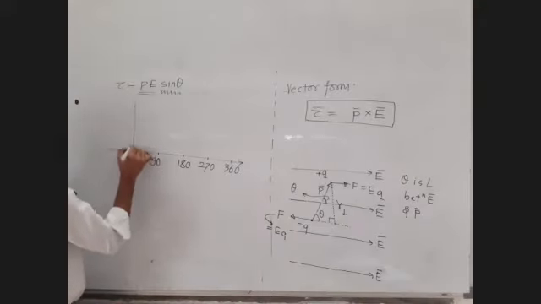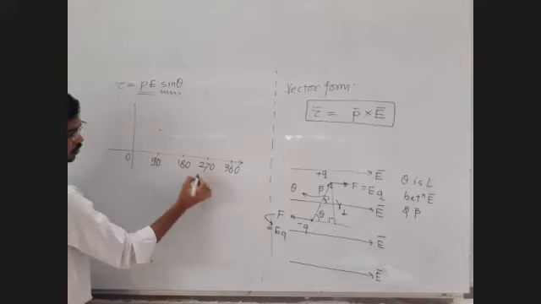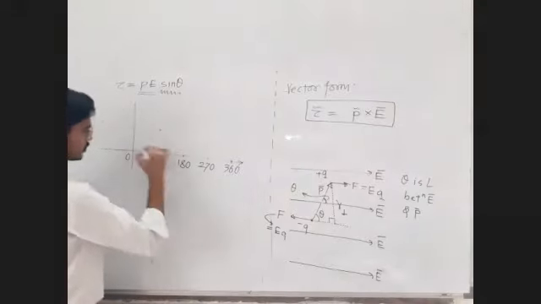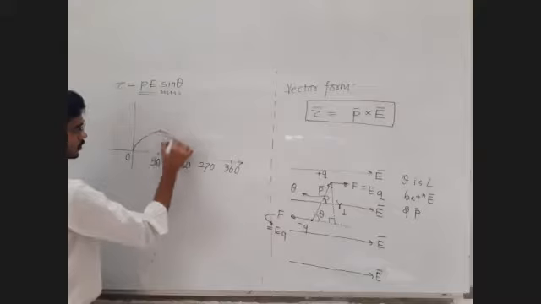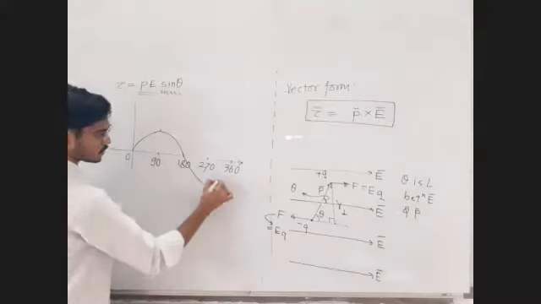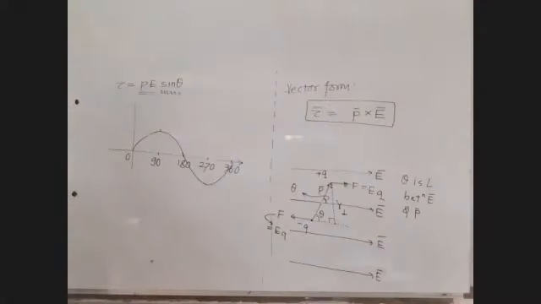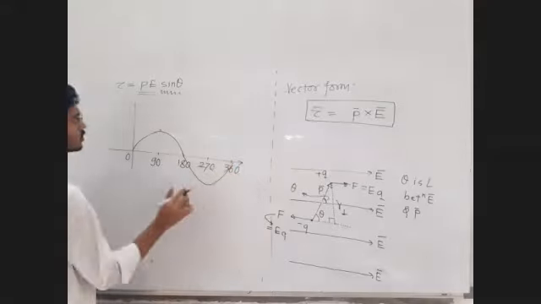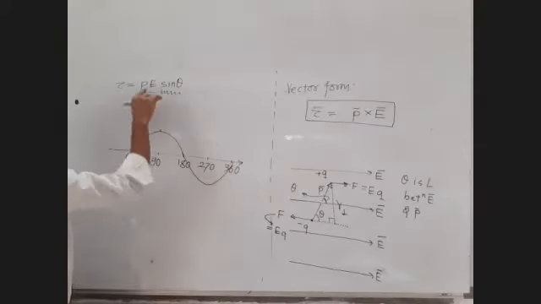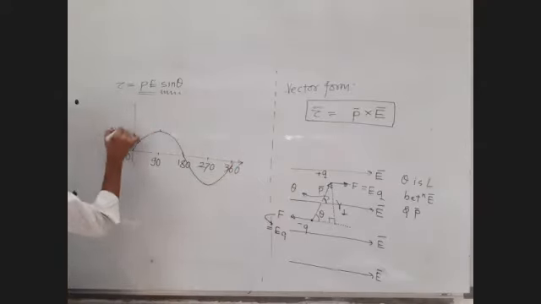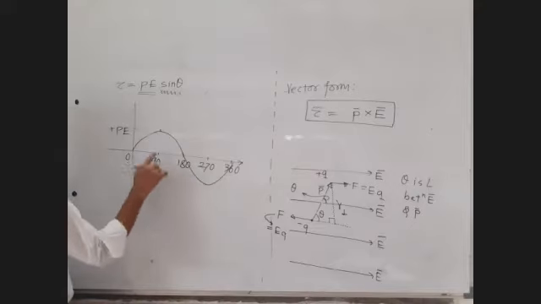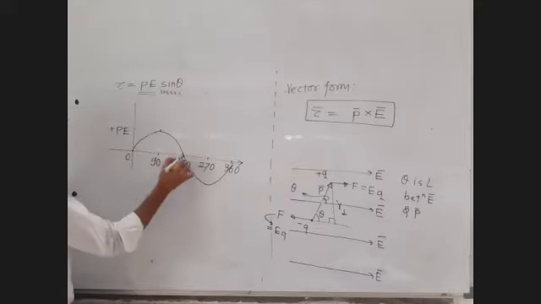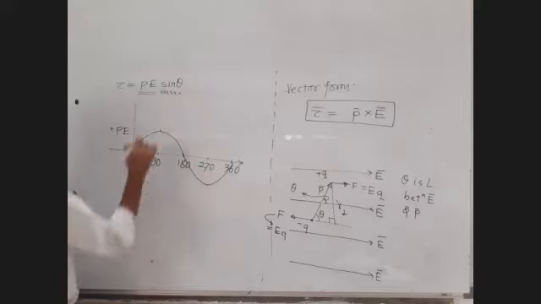Now what will be the graph of sin theta? 0, plus 1, 0, minus 1, 0. This is the graph of sin theta. Sin 0 is 0, sin 90 is plus 1, sin 180 is 0, sin 270 is minus 1, sin 360 is 0. Plus 1 into PE gives plus PE, then here 0, then minus 1 into PE gives minus PE.